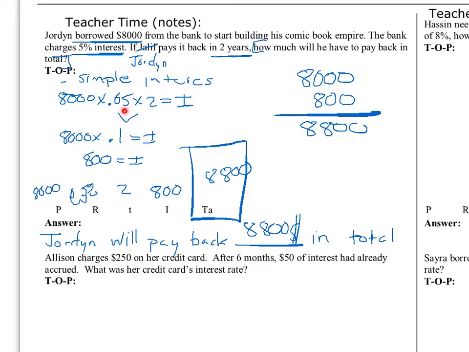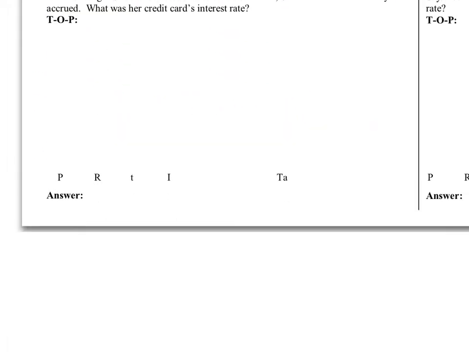Yes, 0.05, which I multiplied times the 2 to get 0.1. So you did the 8,000 times the 2? No, I did the 0.05 times the 2 first. And then you did the 8,000 times that answer? Yes. Okay. All right. Next one.